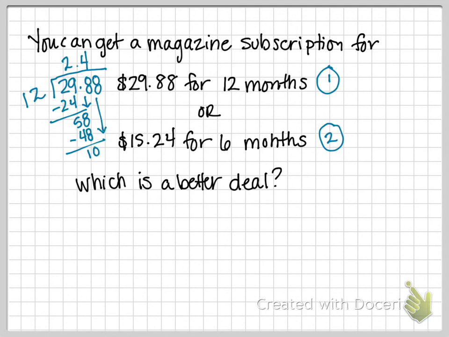Subtract, bring down. I feel like this is going to be even. It is. What is it? 9? 249. 9. It's 9. 9. 108. Subtract, we're at 0, we're done.